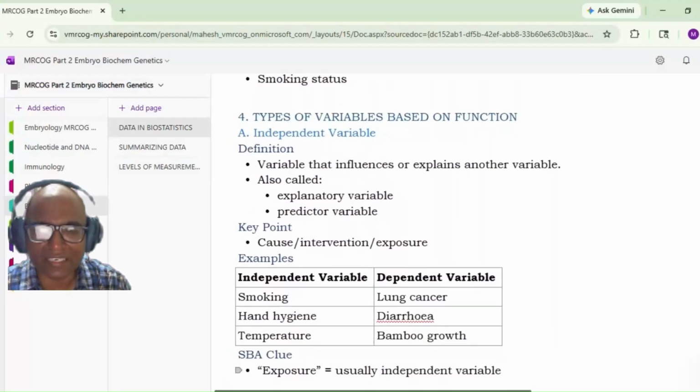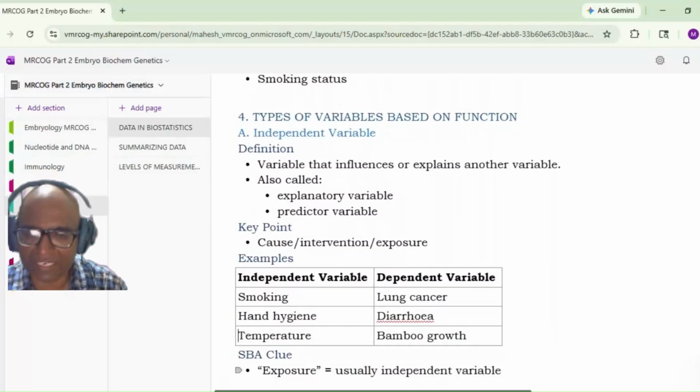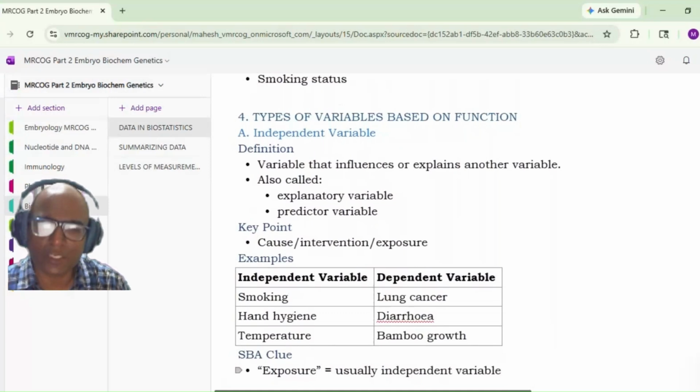So, independent variable. It is a variable that influences or explains the other variable. This independent variable will explain the other variable, or it will influence another variable, but this variable itself is independent. It is also called an explanatory variable or predictor variable.